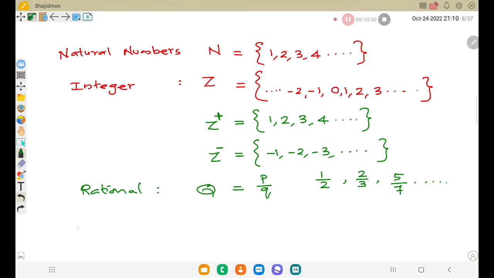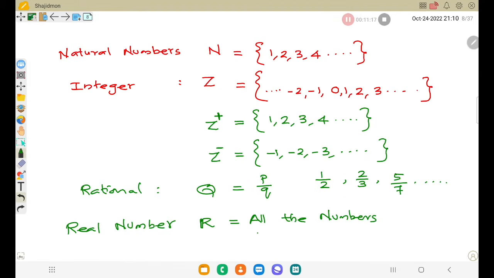Now lastly, real numbers, the real number system. Real numbers means the whole number system, including rational numbers, irrational numbers, integers, natural numbers, all the numbers. We call that capital R, the set of all real numbers, all the numbers under consideration.